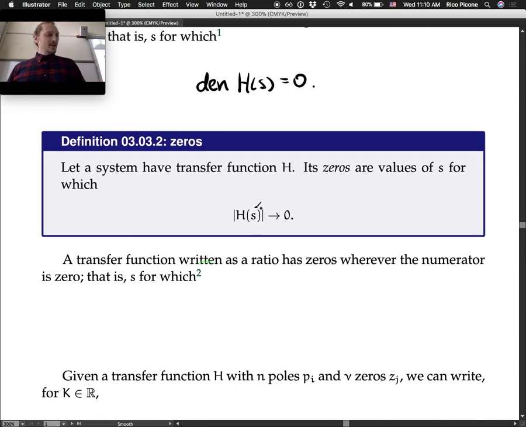That is, s for which the numerator of h is equal to 0. So we care about poles and zeros. Poles are actually more important in some respect, for reasons that we'll unpack throughout the rest of the lecture.